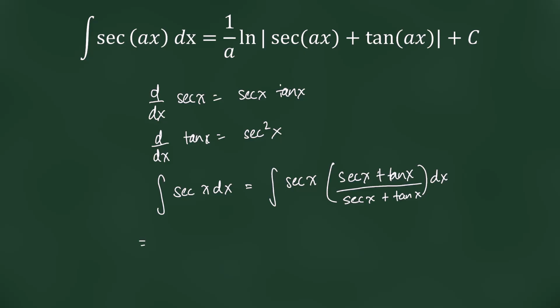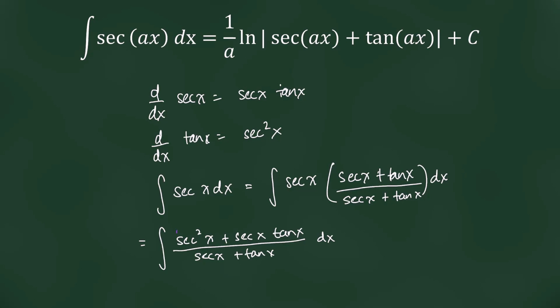The reason that's helpful is because when we distribute our secant x, we get secant squared of x plus secant x tangent x all over secant of x plus tangent of x dx.